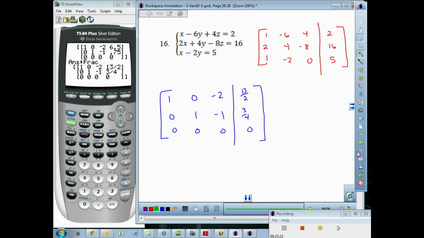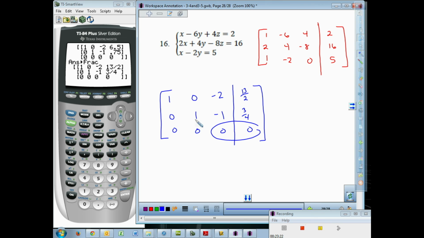So you write your reduced row form matrix again. One solution, no solutions, or infinite solutions.